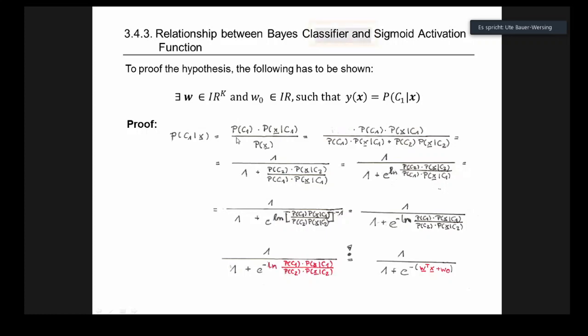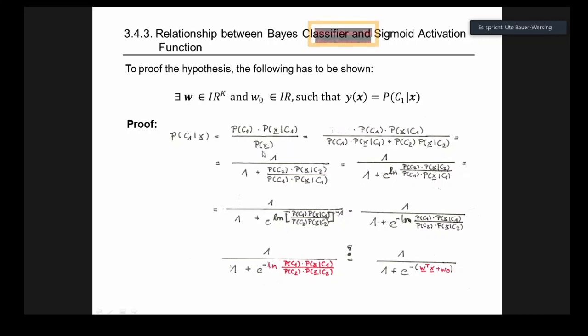And we then have the probability of belonging to class C1, the class prior, times the likelihood for that class, divided by the probability that pattern X occurs. Since we are not optimizing here, we have to stick with the denominator. We cannot leave it away. All right? But we can reformulate.